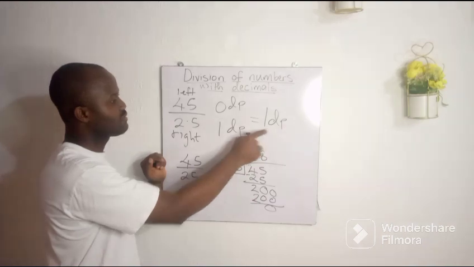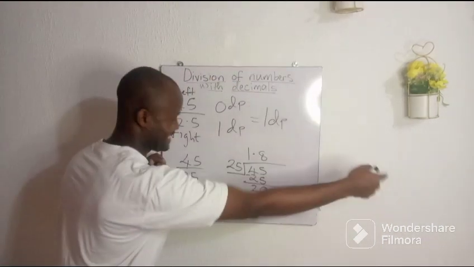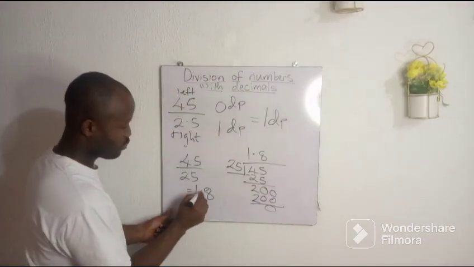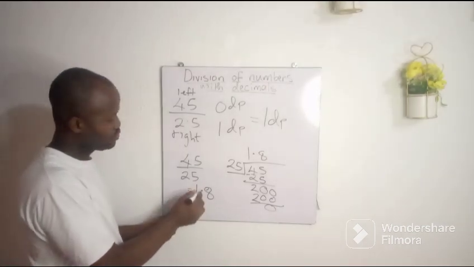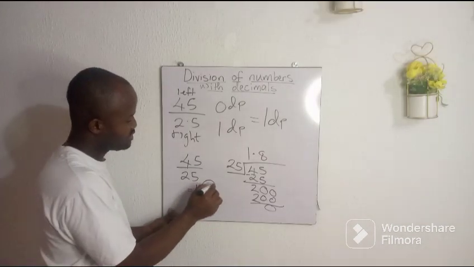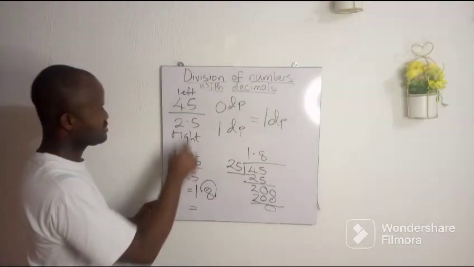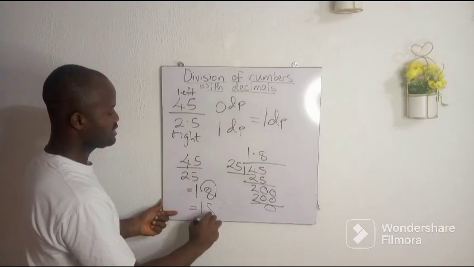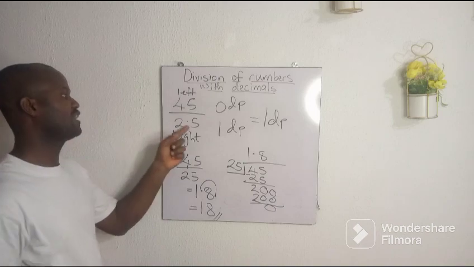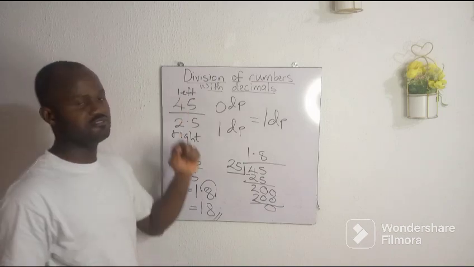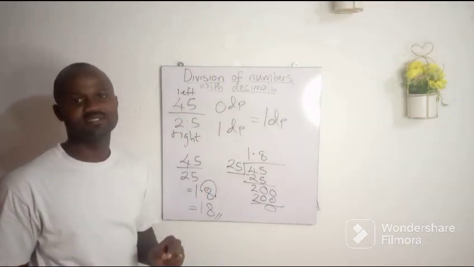So we're going to move 1 decimal place to the right. There's a point here already, so we're simply going to move this point towards the right, and it comes here. And the final answer to this is 18. It means that 2.5 goes into 45 18 times.